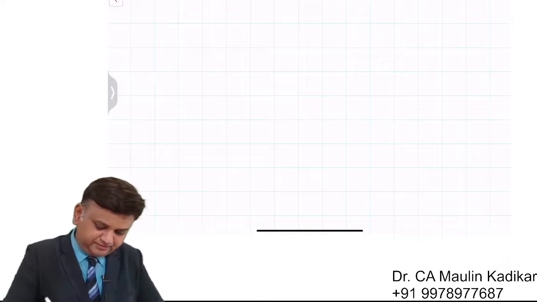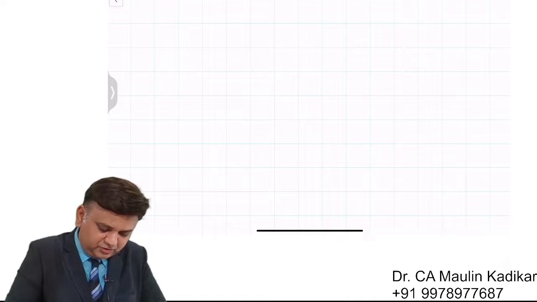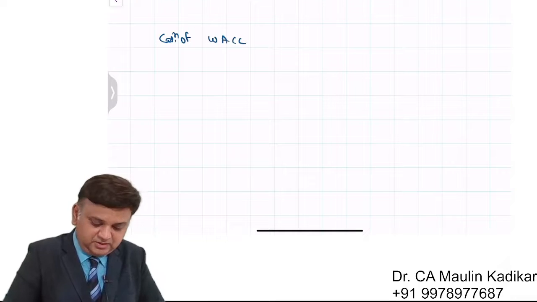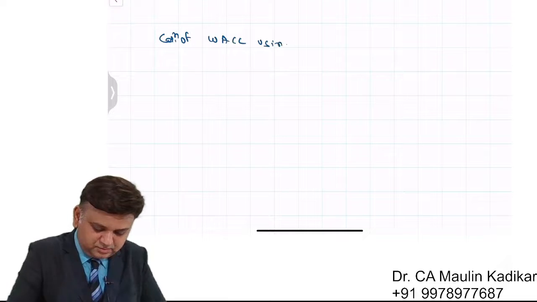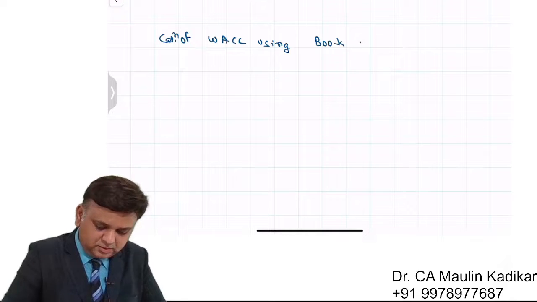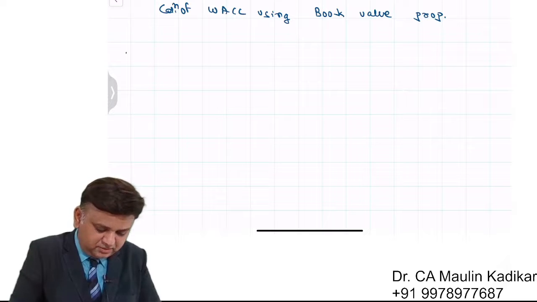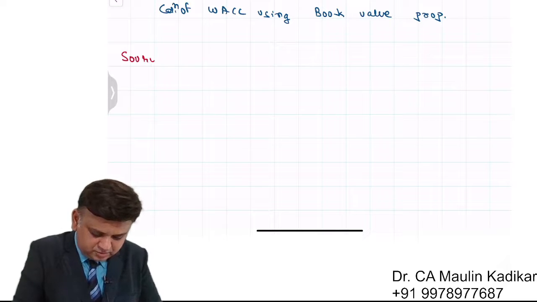So write down the answer. Calculation of WACC using book value proportion. We will have column number 1, source of finance.